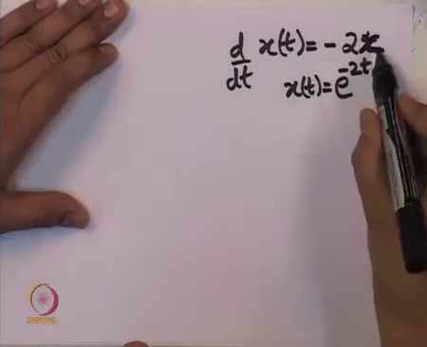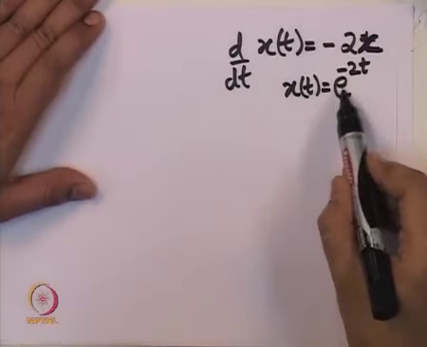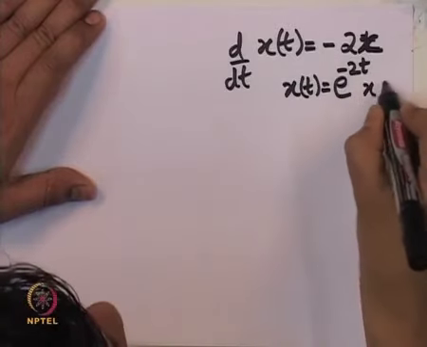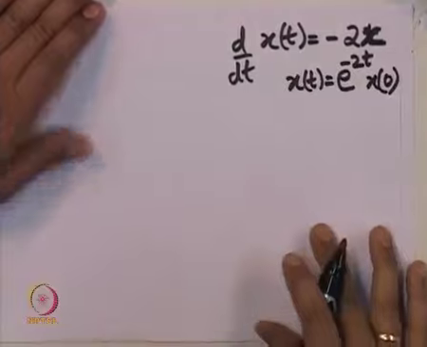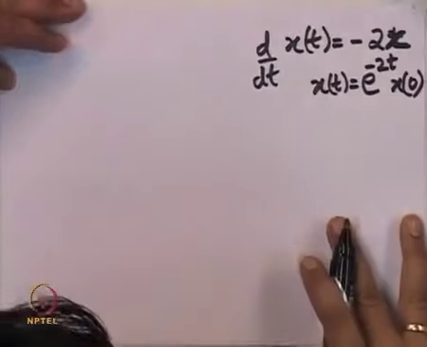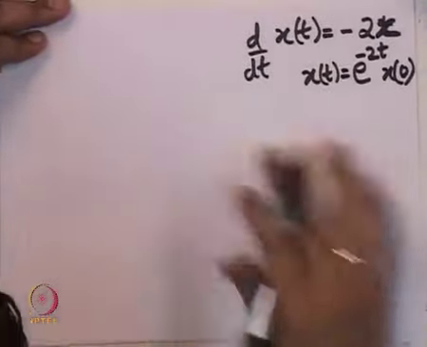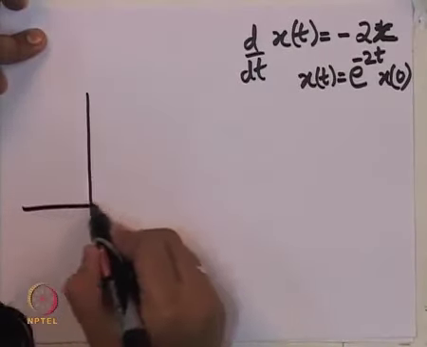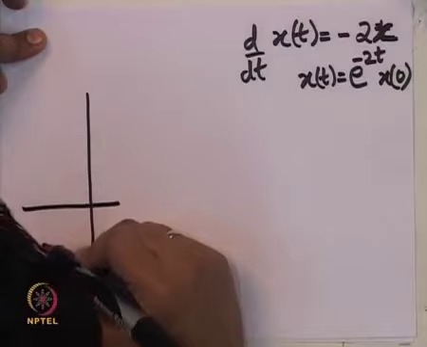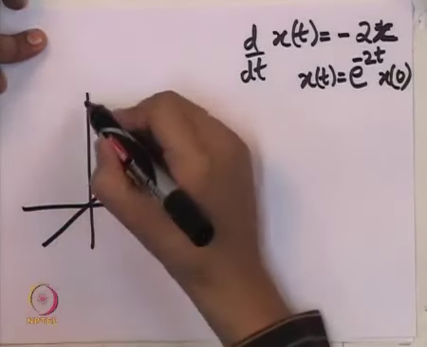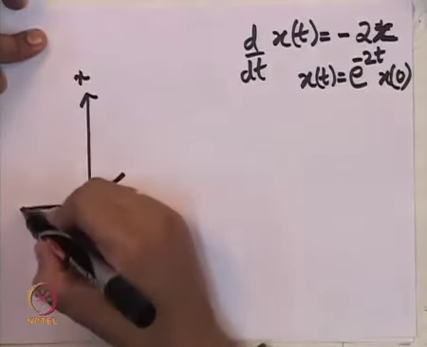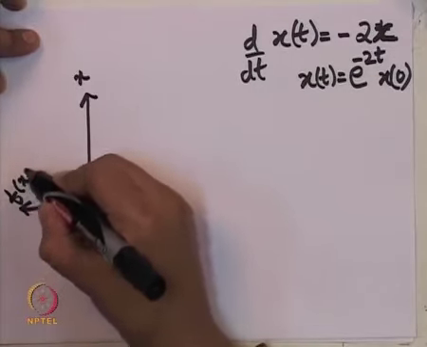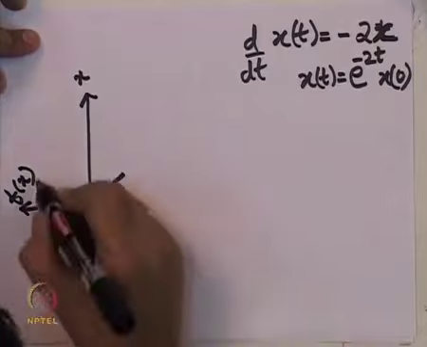So, for this example, we see x of t is equal to e to the power minus 2t times x of 0, and let us draw that same graph here. This is a line with negative slope, with slope equal to minus 2, graph of f of x versus x. In this case, f of x is equal to minus 2x.